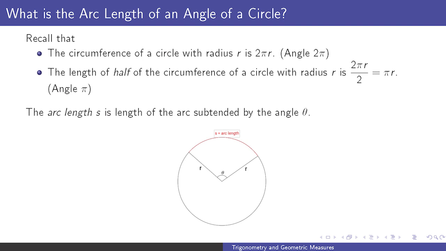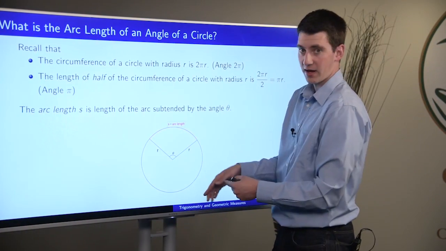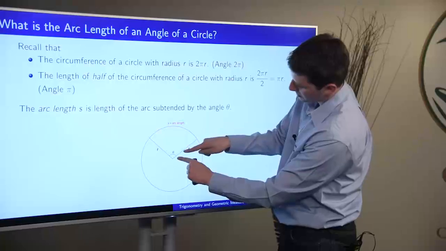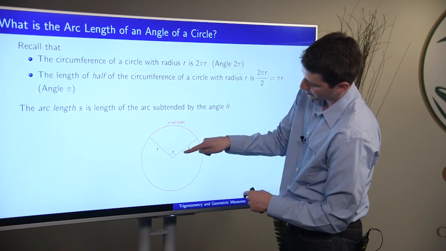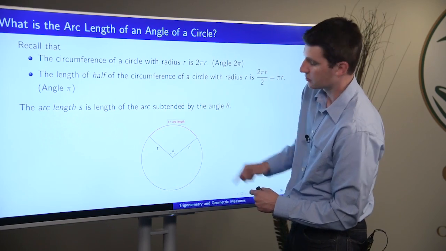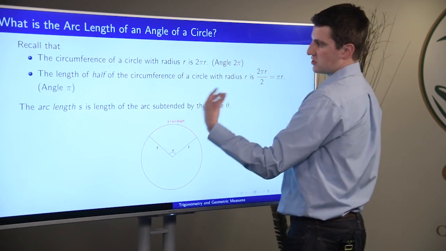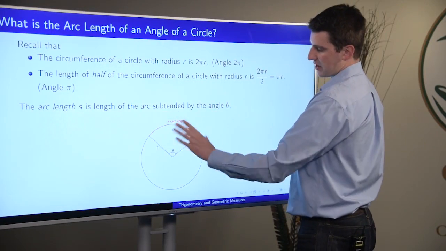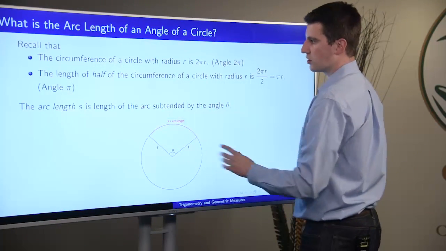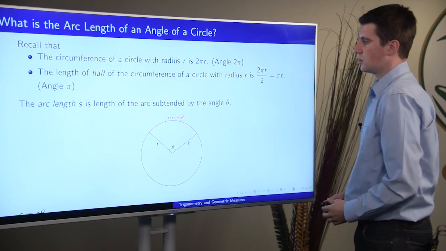We can also talk about this with circumference. Circumference is the full circle, and we can also think of that as the arc that's subtended by 2 pi. If we start here, for example, and we go around 2 pi, we end up right on the same line. That's the line all the way around here, and that's just the circumference. So we can associate the angle 2 pi with the arc for the circumference.